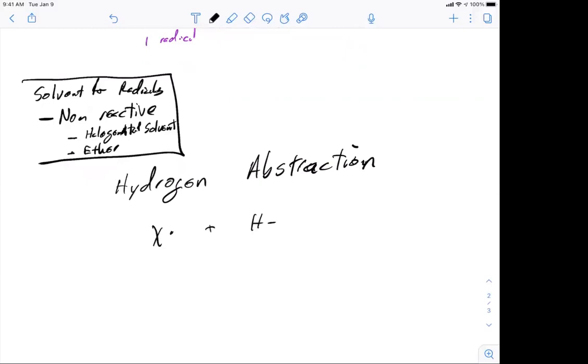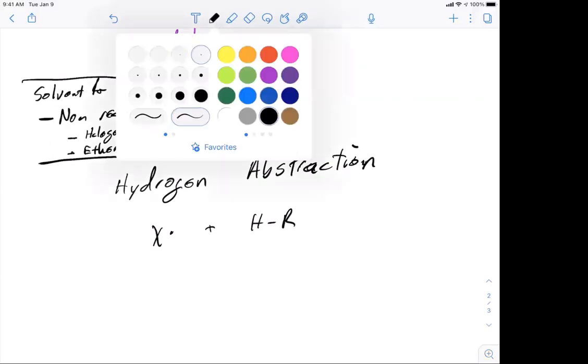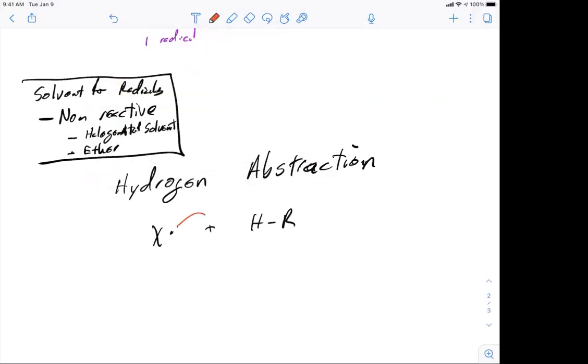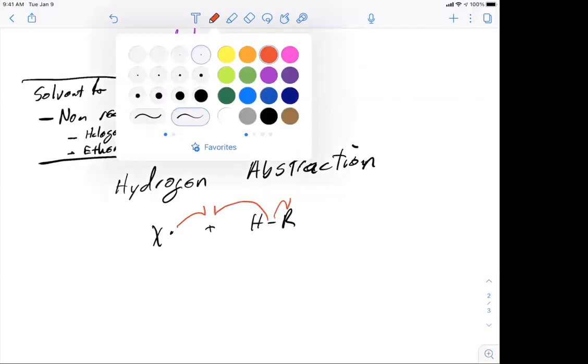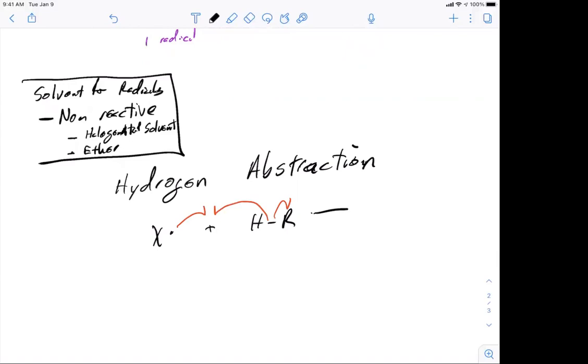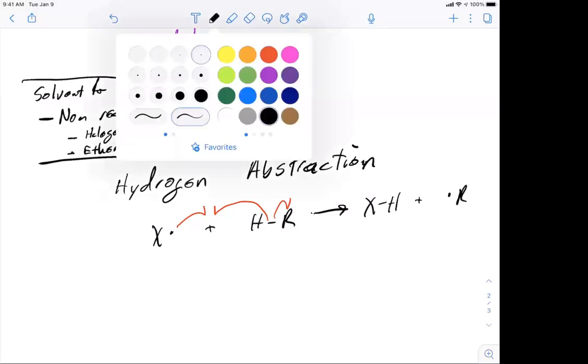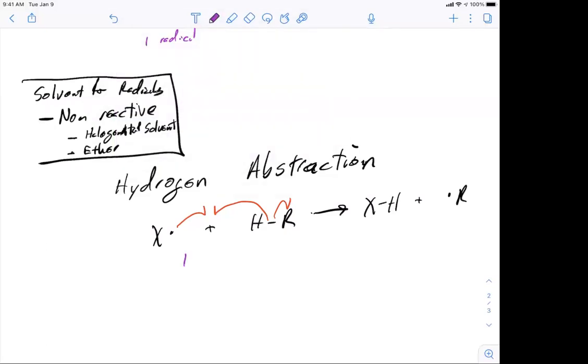We have a proton, and in this case, it could be R. But again, they can readily abstract protons. It's one of the major mechanistic steps they have. And so we end up with the XH plus the R radical. Again, if we think about this, we start with one radical. We end with one radical.